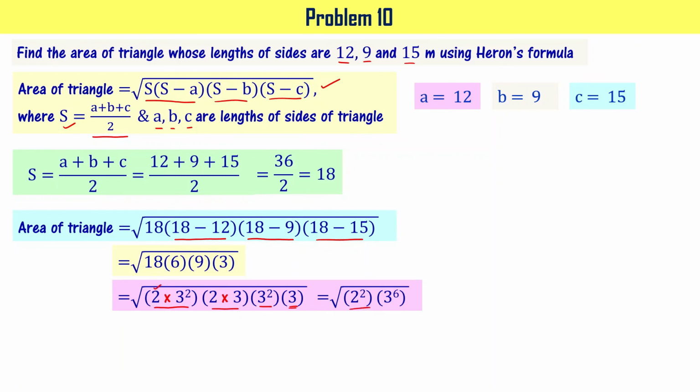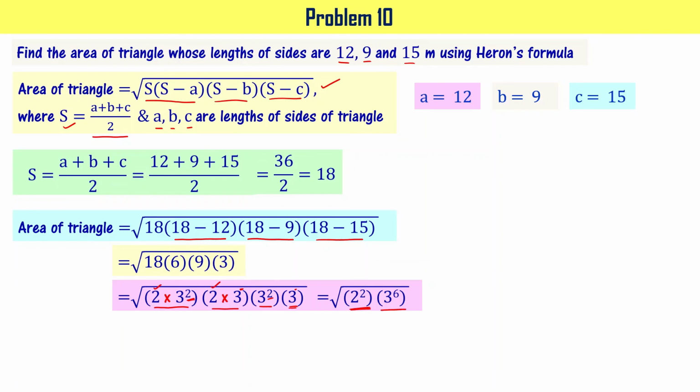You have one 2 here and another 2 here, that is 2 square, times 3 total 6 times. Here 2, 1, 2 and 1. When you sum them, you're getting 3 power 6. So it can be now written as square root of 2 square times 3 power 6.